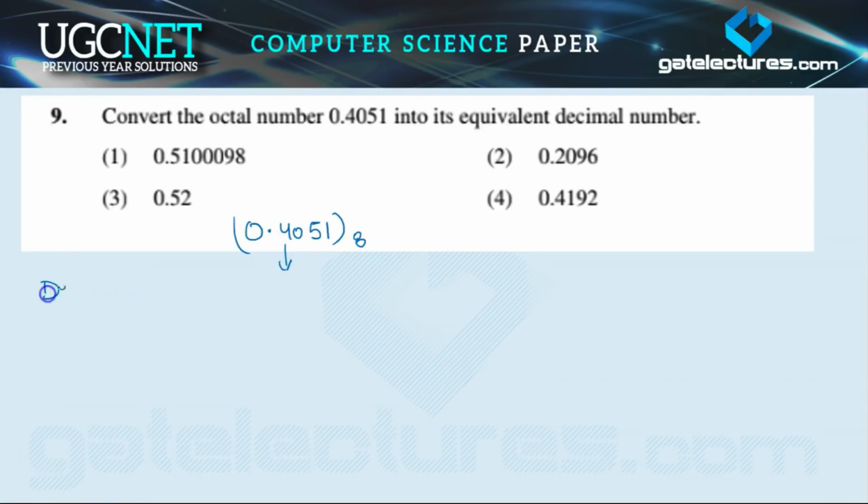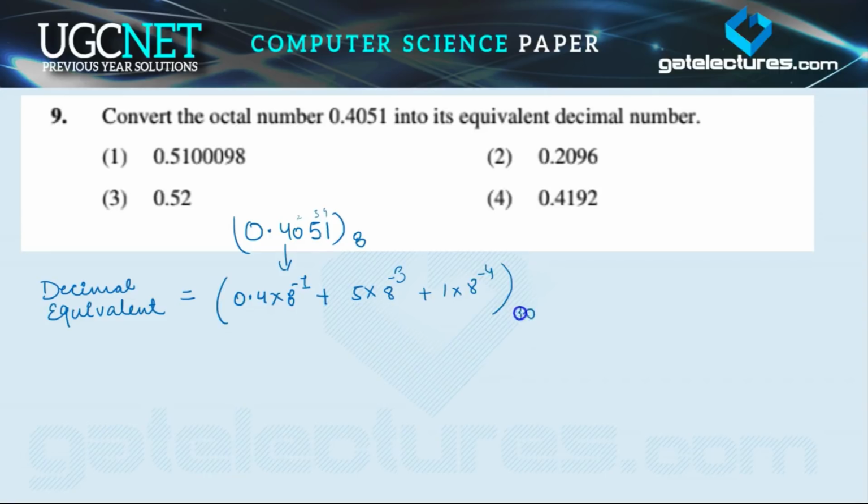So the decimal equivalent is equal to 0.4 into, because these values are from the right hand side of the decimal point, so we are writing 8 power minus 1, plus 5 into, this is for 2, this is for 3, and this is for 4. So 5 into 8 power minus 3. And the next one is 1 into 8 power minus 4.